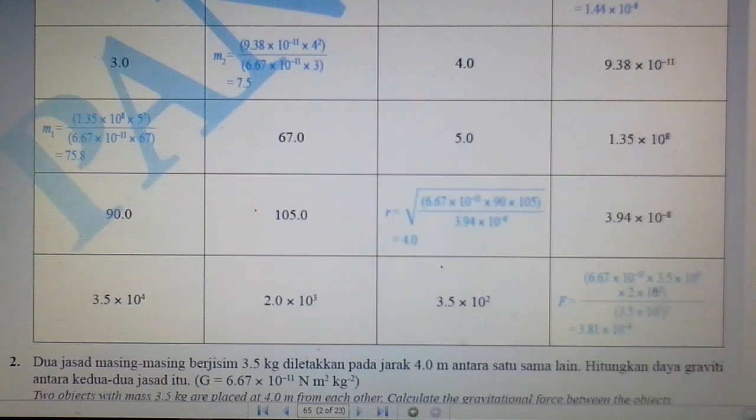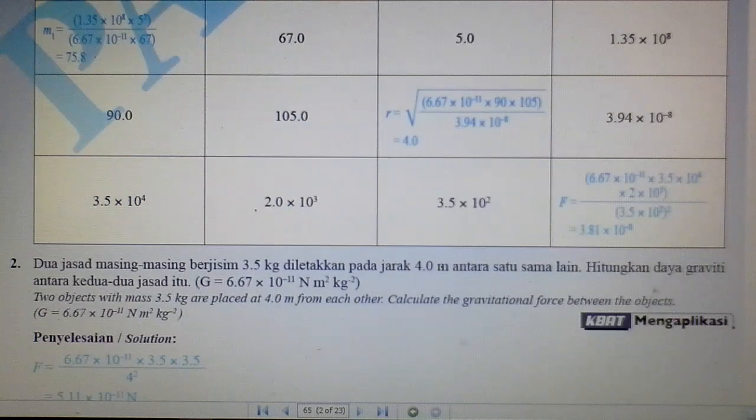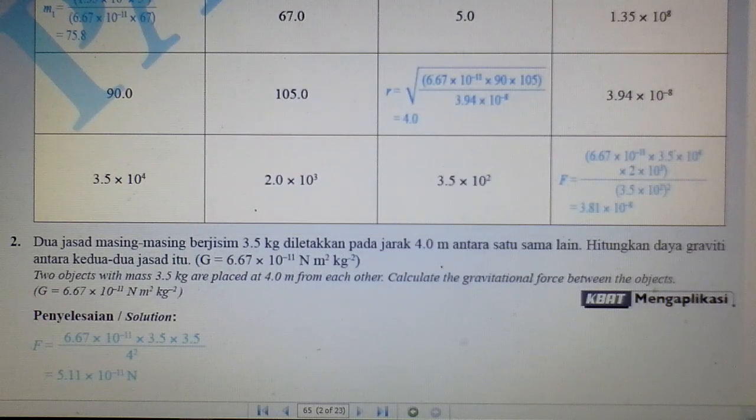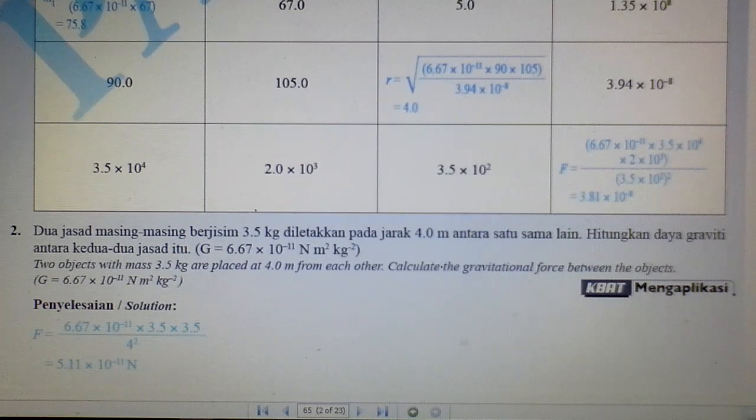Next question, number 2. We have two objects with mass 3.5 kg placed 4 meters from each other. Calculate the gravitational force between the objects. G is given.